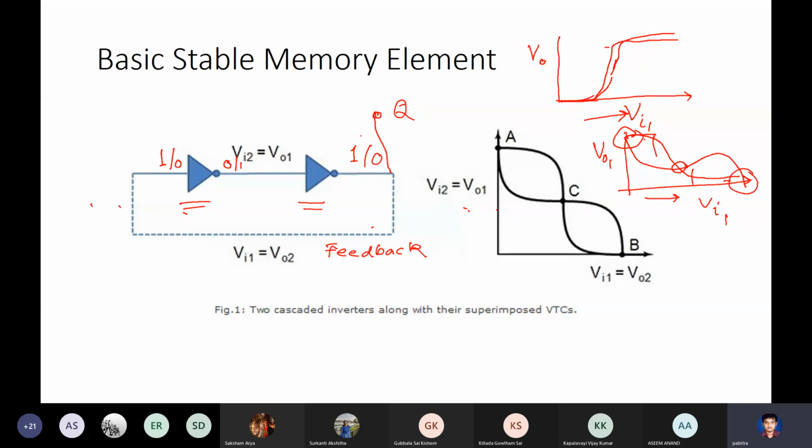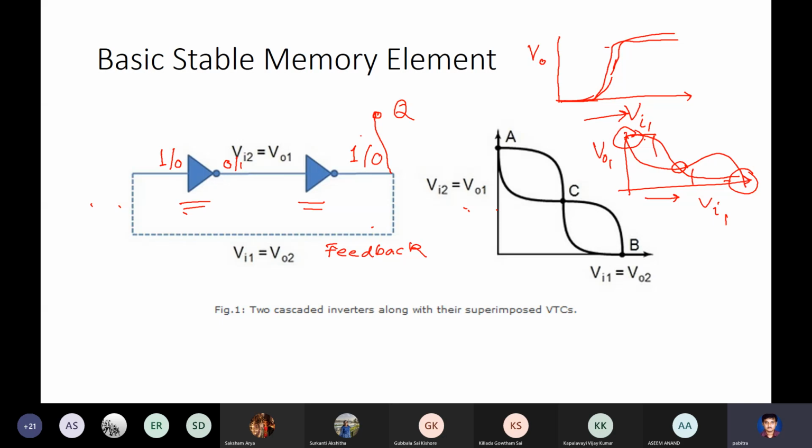And once you move there, two things are required. One is that once you are in a stable state, there is no further movement. We want to stay in the stable state. That means we want to memorize, and we should be able to switch between these two stable states. By means of external input, whenever some desired type of external input comes, we should be able to switch among these stable states.